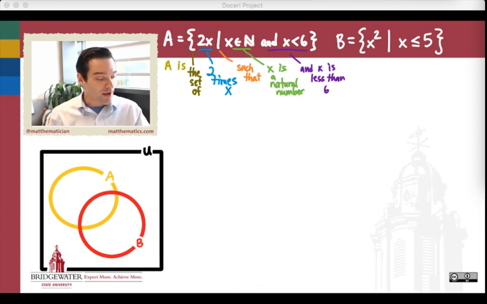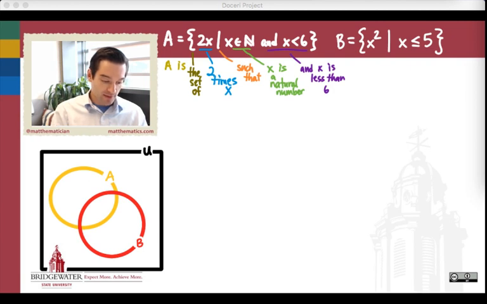So if you're struggling with the notation, it might feel silly at first, but try just reading it out loud verbally to see if you're really understanding what the notation is saying. So the way that I would read this is: A is the set of 2 times x's, such that x is a natural number and x is less than 6.